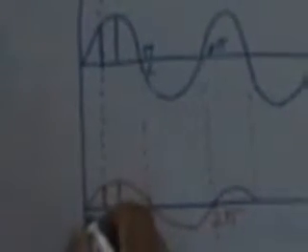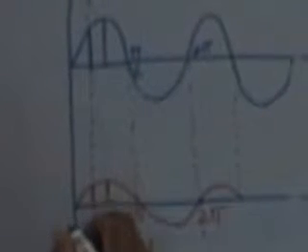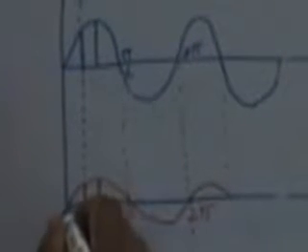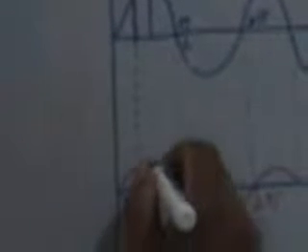Okay. So at this time, these two graphs are in phase because they are touching the zero point at the same time. They are reaching the maximum at the same time. They are reaching the maximum heights.